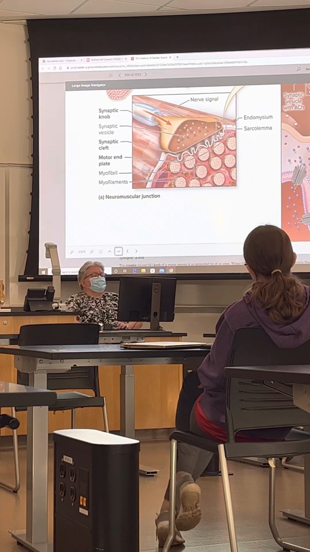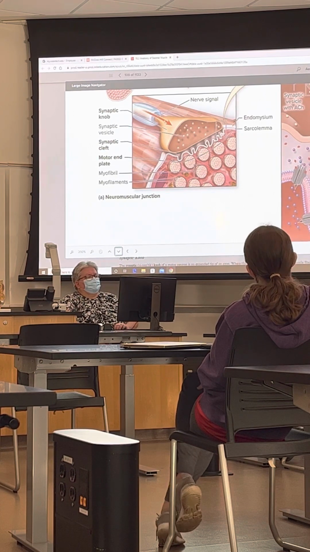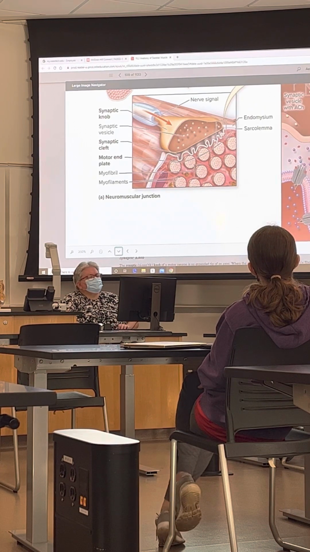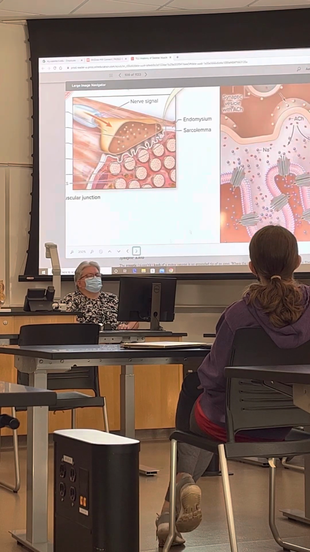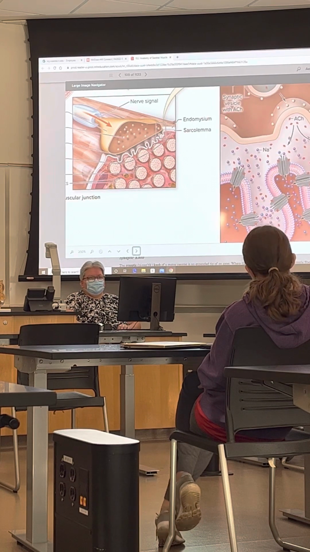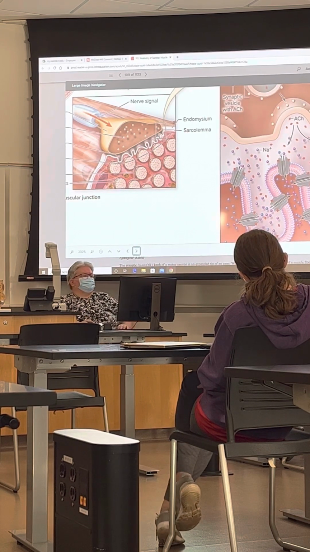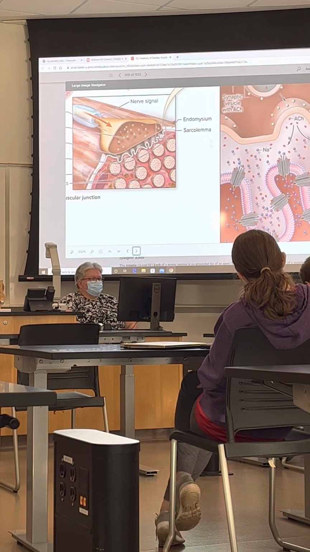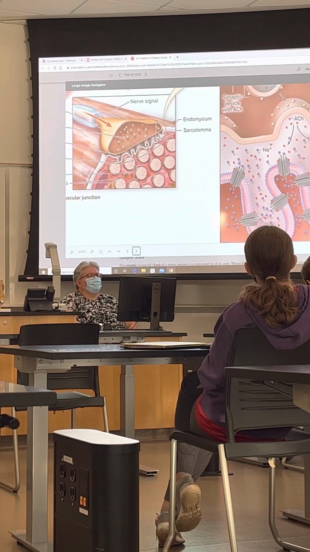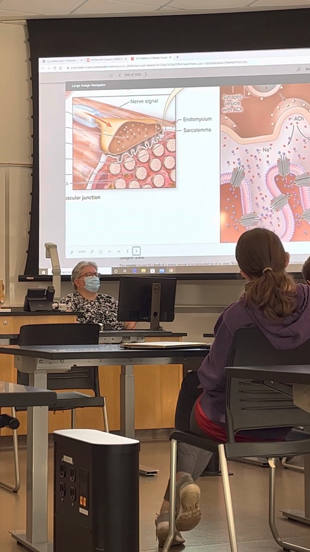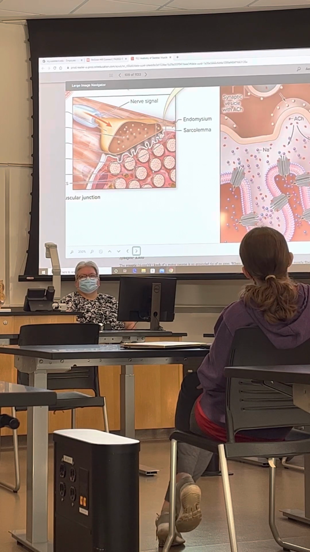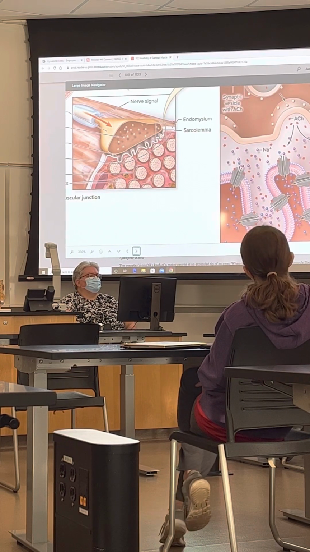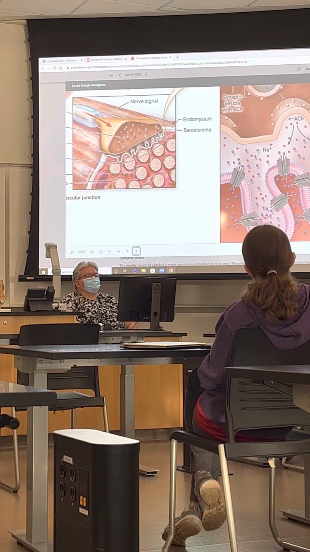The axon comes down in close proximity to the muscle cell. It does not touch. This right here is the neuromuscular junction, because here's the nerve part, and here's the muscle part.